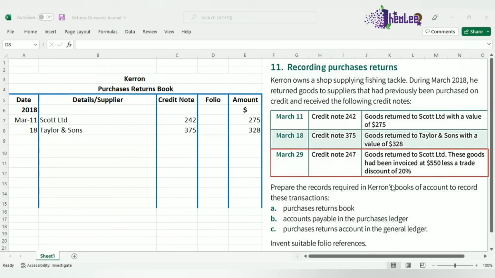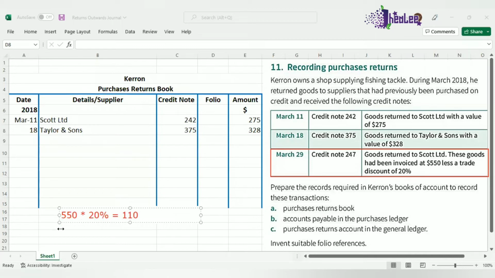For this transaction, what is the amount that we're actually going to record? We have to record the amount that was due for those goods, meaning the value after discount. How do we get that? There are two ways. The 550 multiplied by the 20% in order to get the discount value, and that is $110.